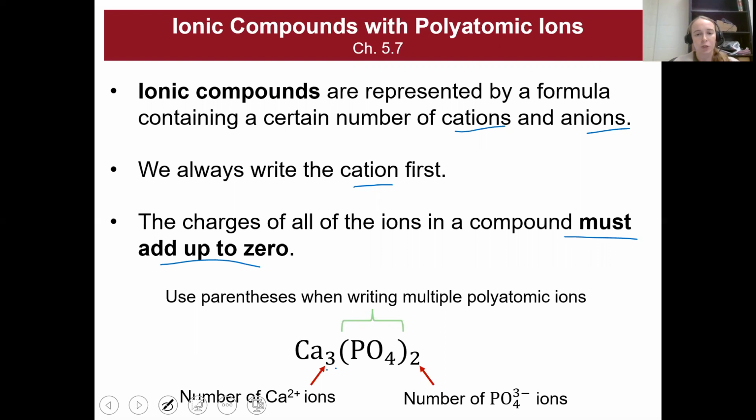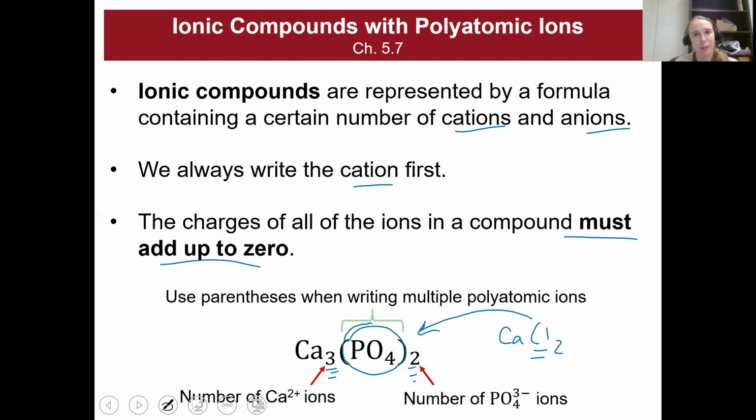So the subscript tells us the number of calcium ions. The subscript over here tells us the number of phosphate ions. So remember, this whole thing is one ion. So that is the same way that we had calcium chloride before. If we had calcium chloride, now we're putting a polyatomic ion in there.